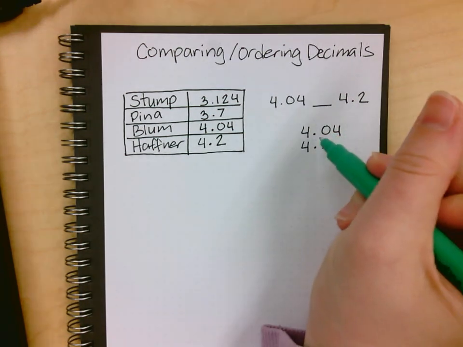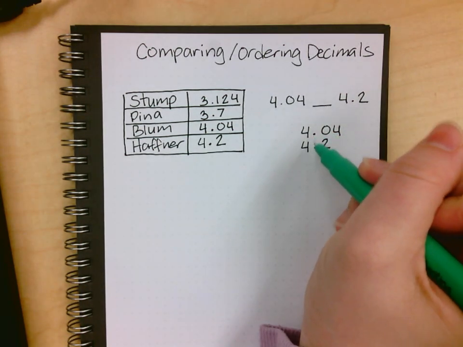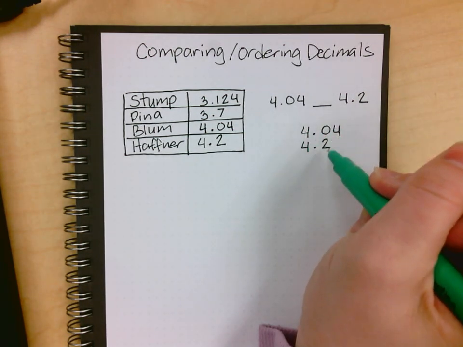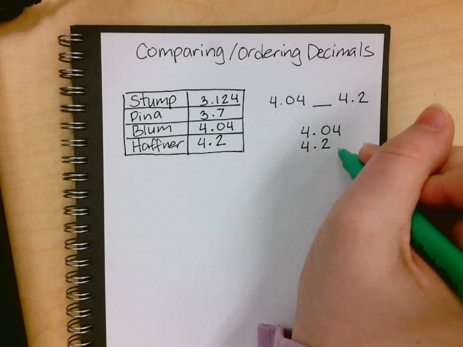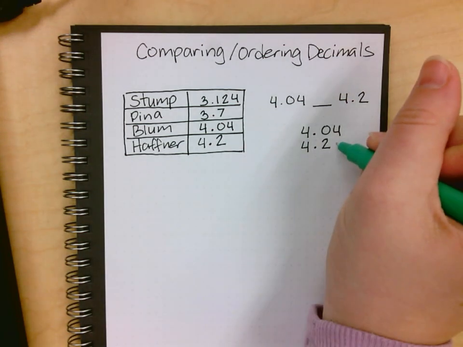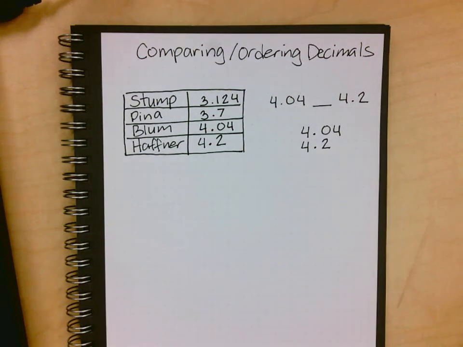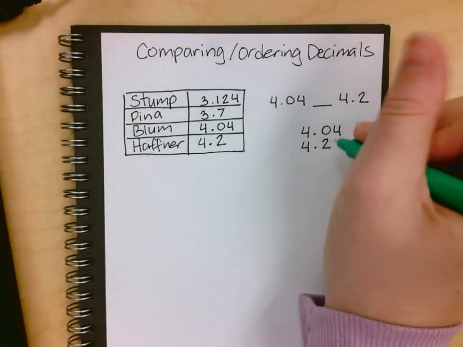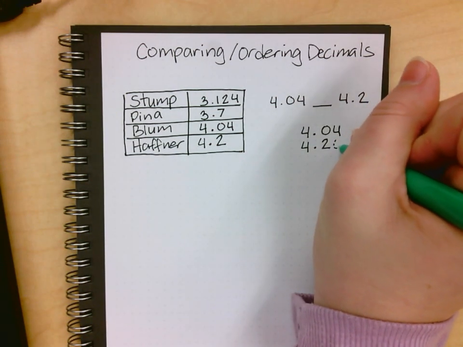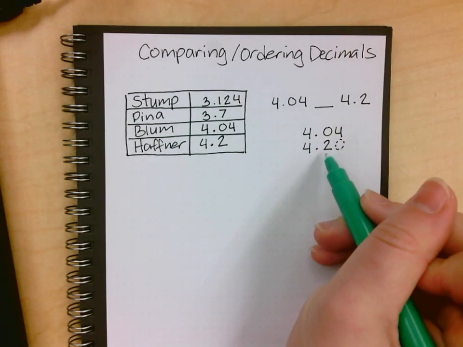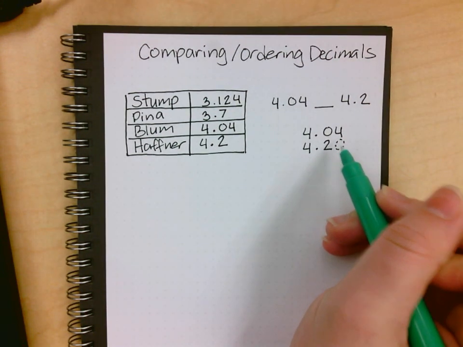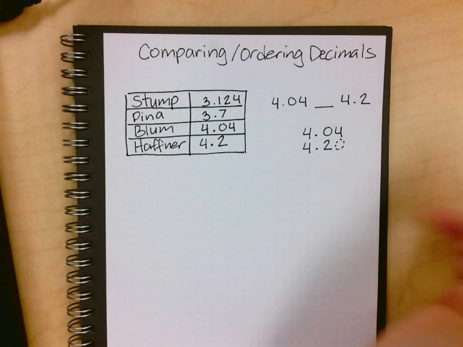They're lined up by place value because my decimals are in a row. So my ones places are together, my tenths places are together, and my hundredths places are together. Now, this number doesn't have a hundredths, but what I can do is put an invisible 0 in there because 2/10ths is the same as 20 hundredths. So now all my place values have a match.